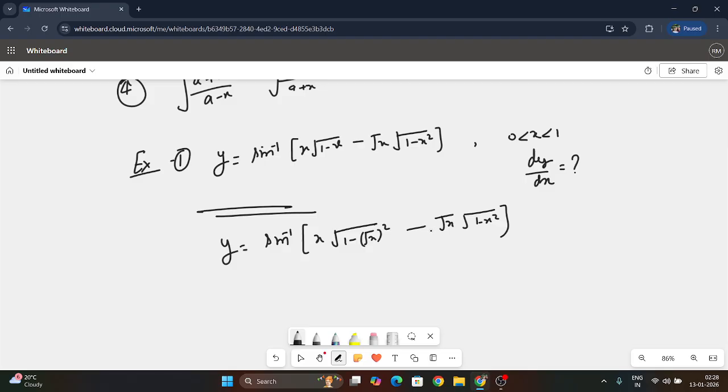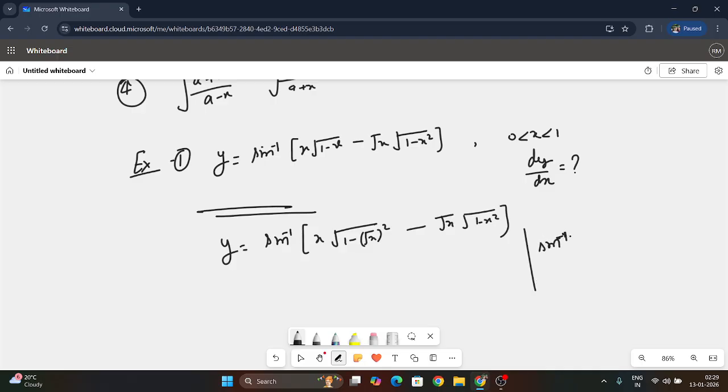Now if you observe the formula of sine inverse a minus sine inverse b, I think it is clear to you. If not, let's focus here.